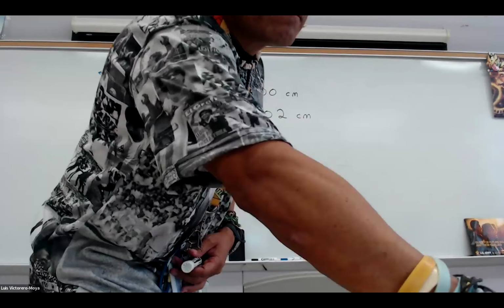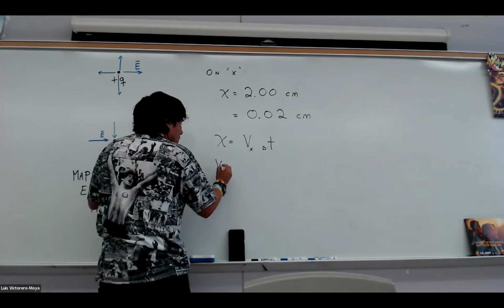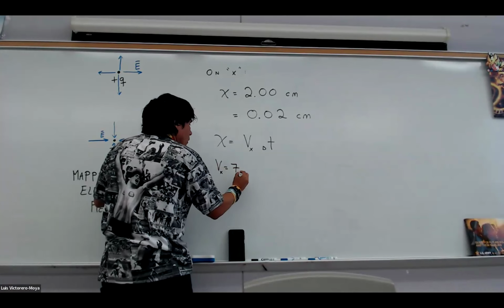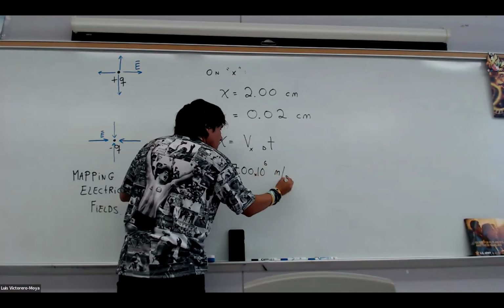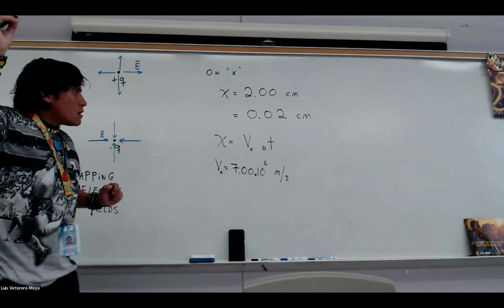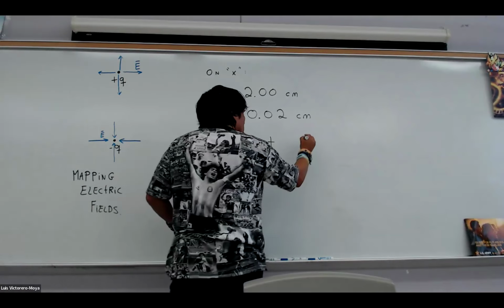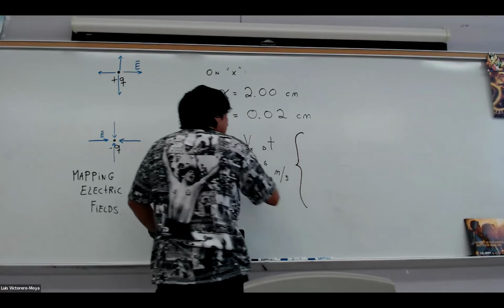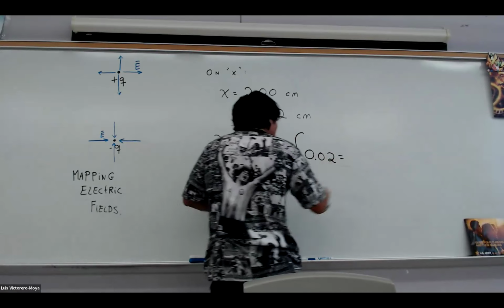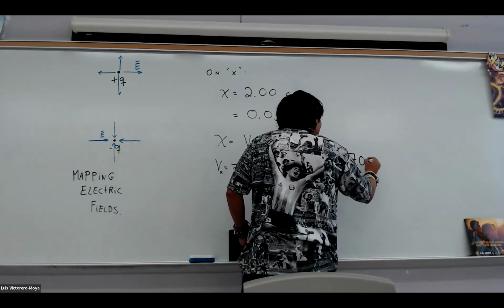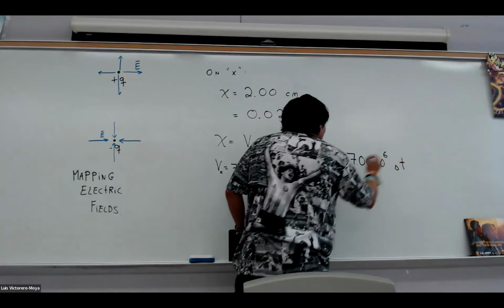Okay. That now Vx is 7 point, right? So what you're gonna do is x equals to V and you can find delta t.